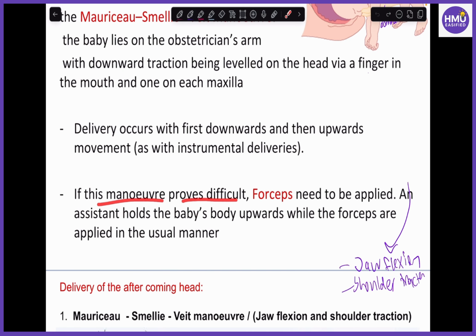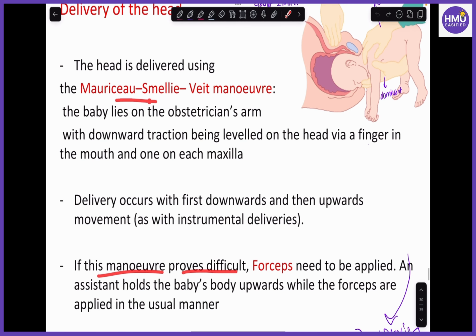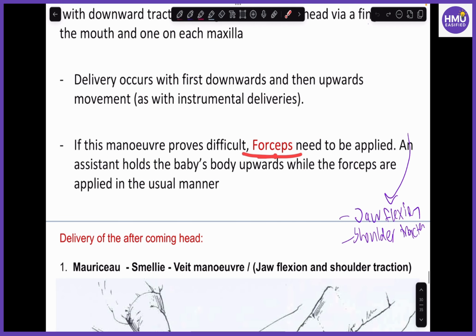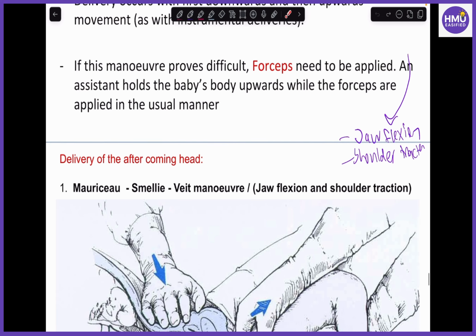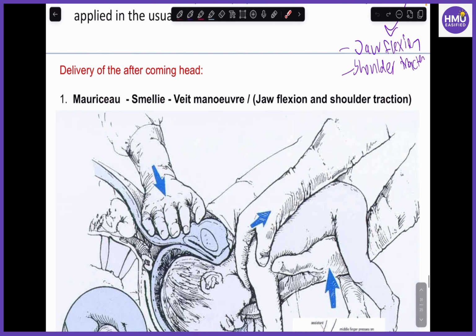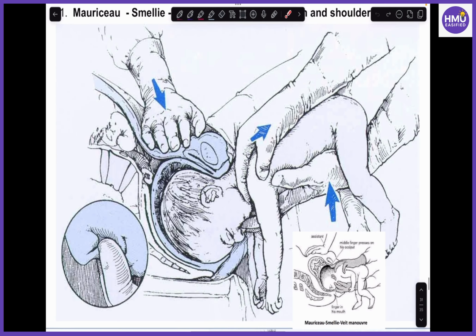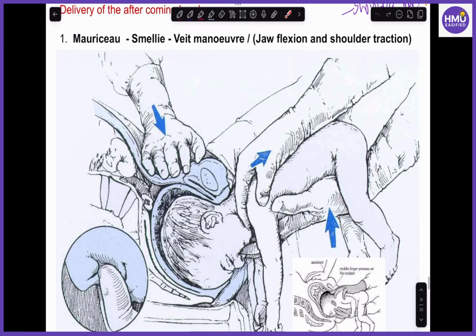If the Mauriceau Smellie-Veit maneuver is difficult and we couldn't deliver the head, we may use instruments, namely forceps. An assistant will hold the baby's body upwards while the forceps are applied in the usual manner. This is also the Mauriceau Smellie-Veit maneuver.